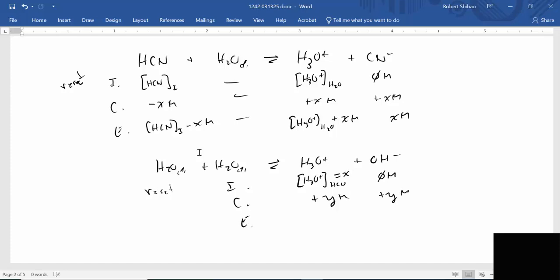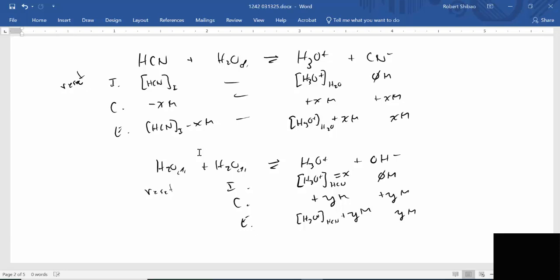And so at equilibrium, I'm going to have the hydronium from the HCN plus Y. Y is going to be the hydronium from the water. And then I'm going to have Y molar hydroxide.